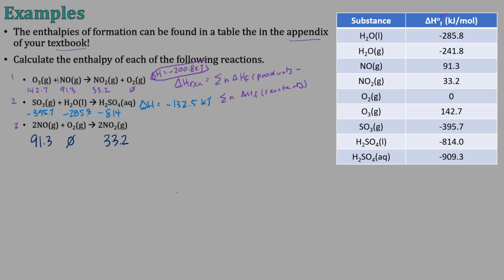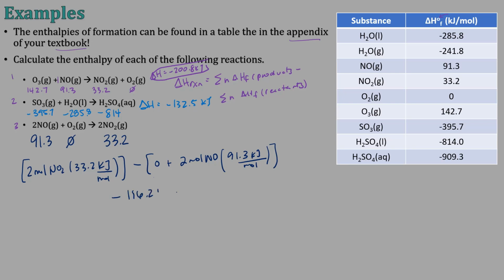All right, so if we just do the equation the way we've been doing it, we would have 2 moles of NO2 times 33.2 kilojoules per every single mole, minus 0 for the oxygen, plus 2 moles of NO times 91.3 kilojoules per mole. Okay, so we would get 66.4 and 182.6. So when we subtract them, we end up with negative 116.2 kilojoules.